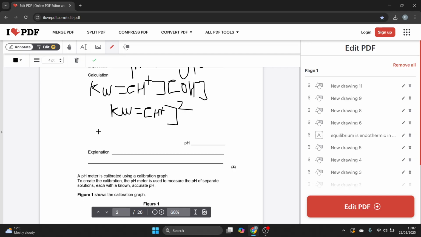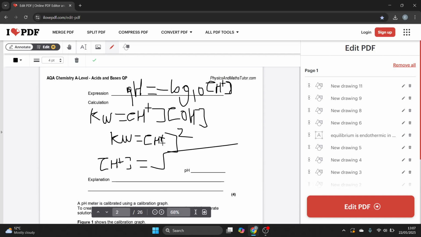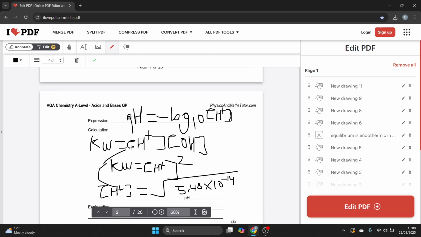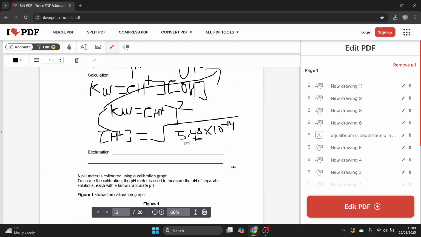The rest is easy. H plus is the square root of KW at 50 degrees Celsius, so the square root of 5.48 times 10 to the power minus 14. Then I substitute that value into the pH expression, and you get your answer. It says 2 decimal places, so 5.55.